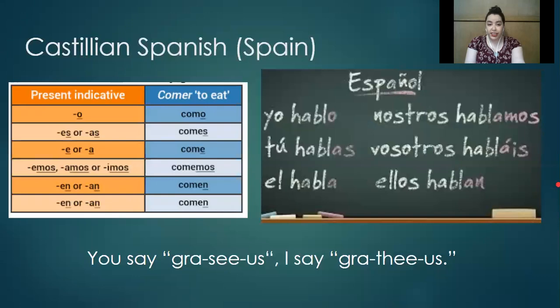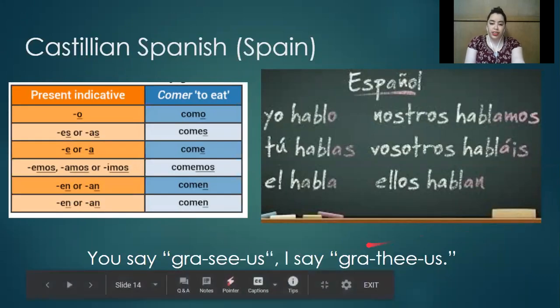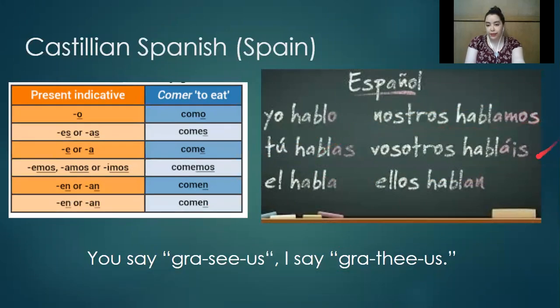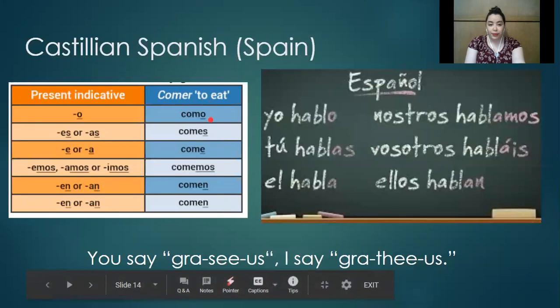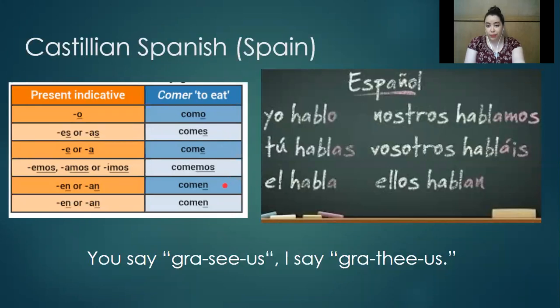And then we have Castilian Spanish, which is spoken in Spain. The main difference here is that they have an extra verb conjugation. It's also sometimes used in parts of South America, but mostly here in Spain. So you can see here we have these verb conjugations. This is I eat, you eat, he, she, or it eats, we eat, essentially y'all eat, the plural of you, and they eat.